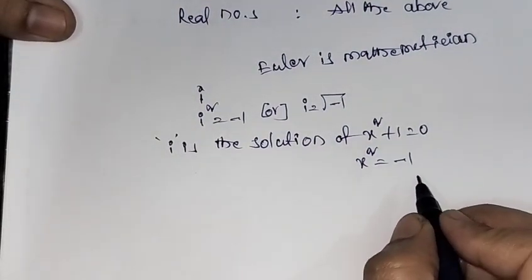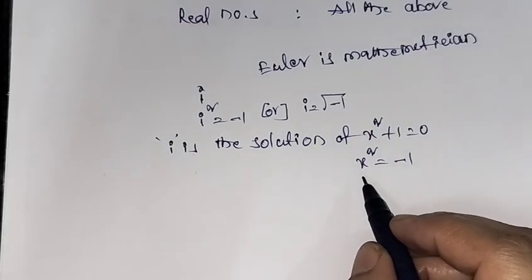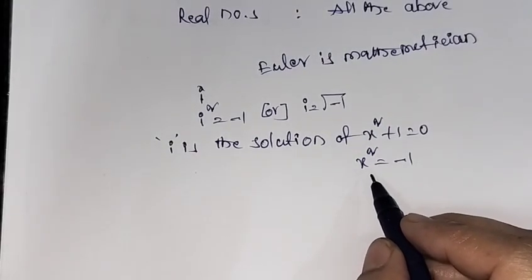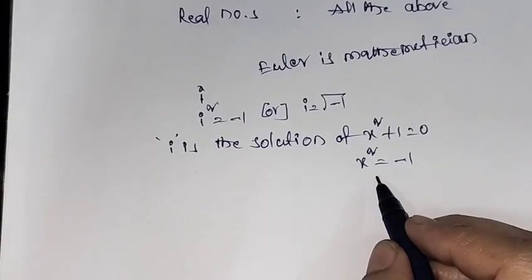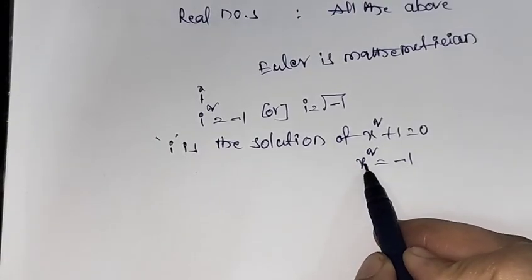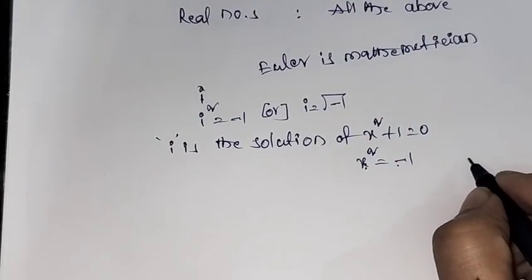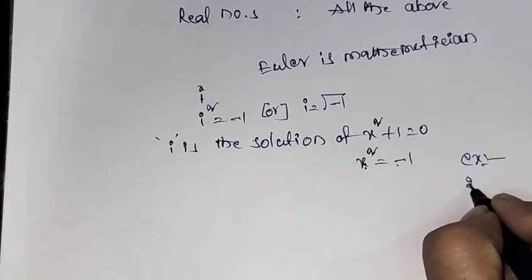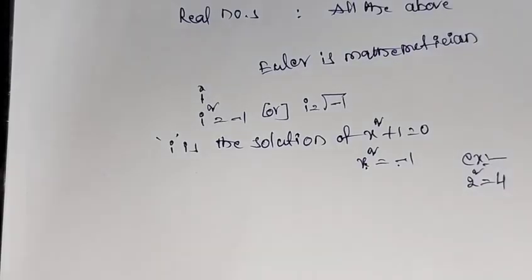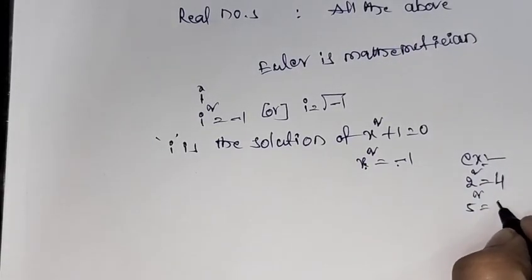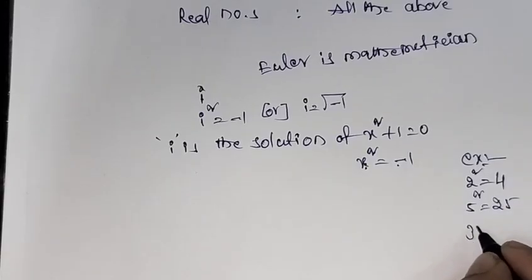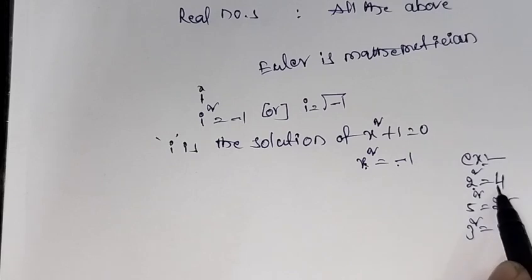When you square a number, you always get a positive number, never a negative number. For example, 2 square is equal to 4, 5 square is equal to 25, 3 square is equal to 9. When you square a number, you always get positive numbers only.